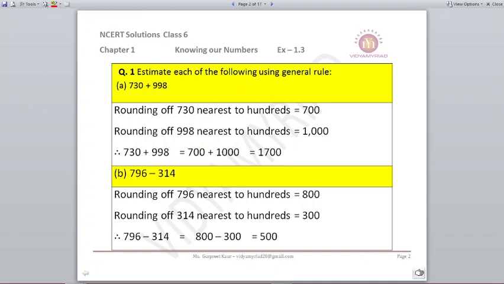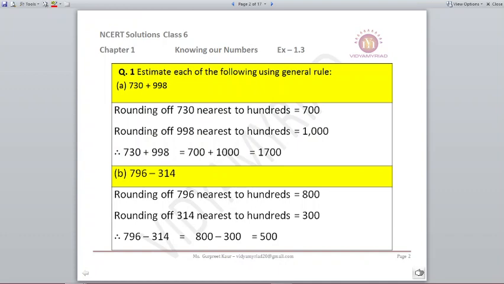Question number 1. Estimate each of the following using the general rule. You are given 730 plus 998. We will use our estimating rule for rounding digits and write in hundreds or thousands. 730 can be converted to the nearest 100.